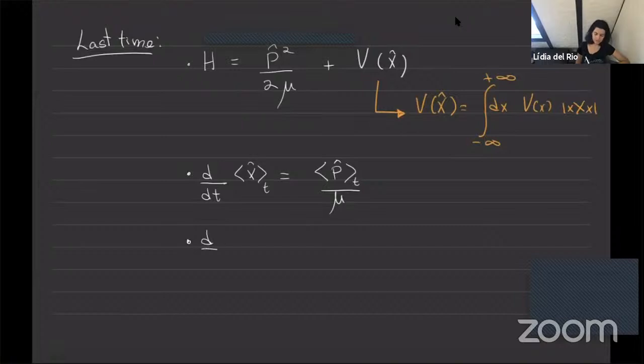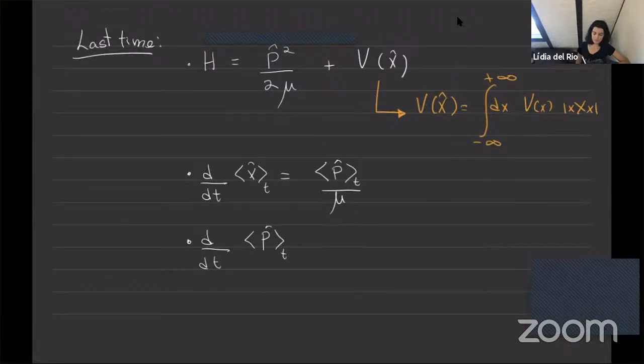And likewise, the derivative of the momentum depends on the force felt by the system, which is the gradient of this potential at a given time. And thank you to Mark, who found all the missing minus signs.